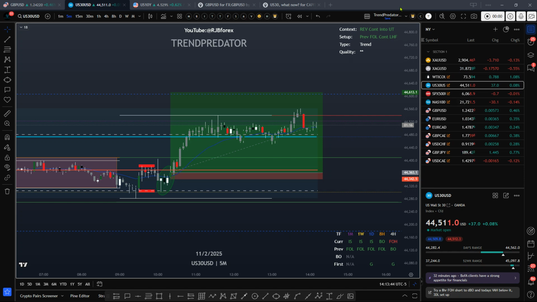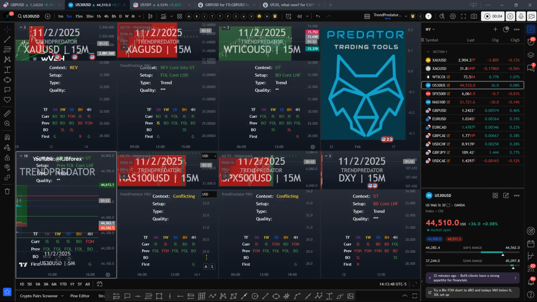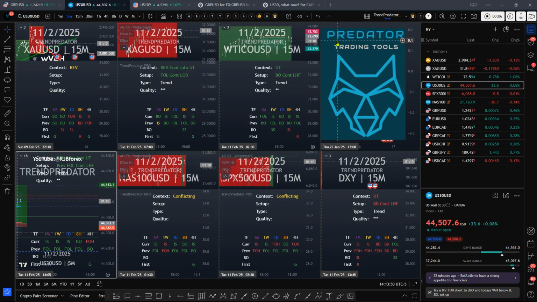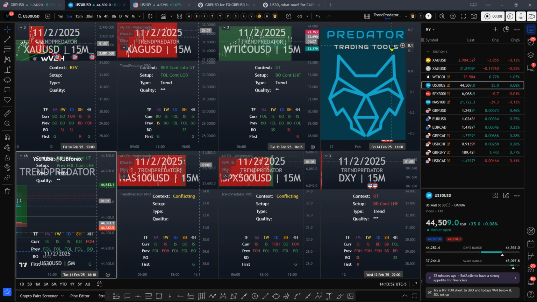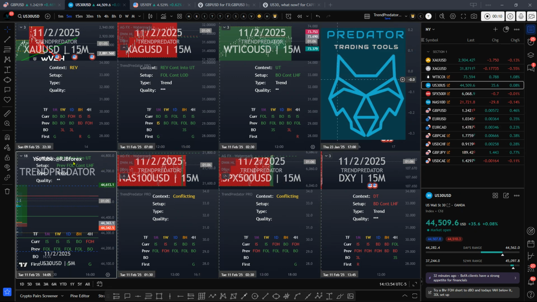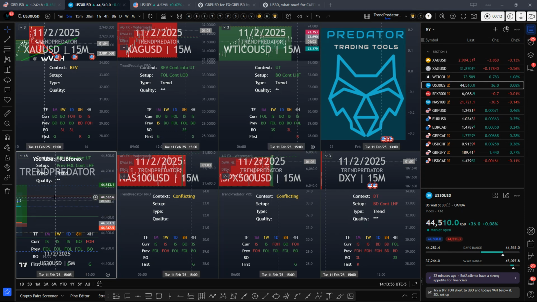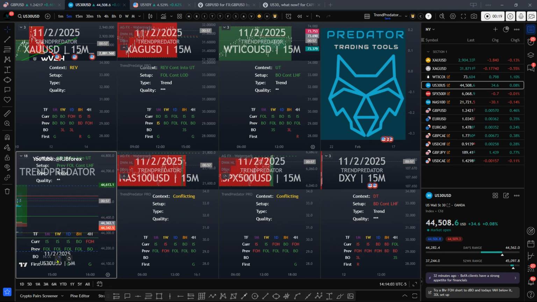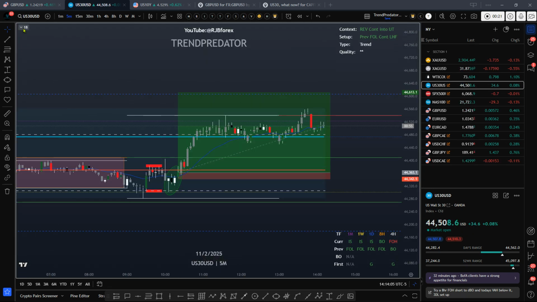Okay, I wanted to do a recap and showcase the TrendPredator trading tools. We've got the TrendPredator Pro here working on these assets, and also the TrendPredator Fakeout highlighter.